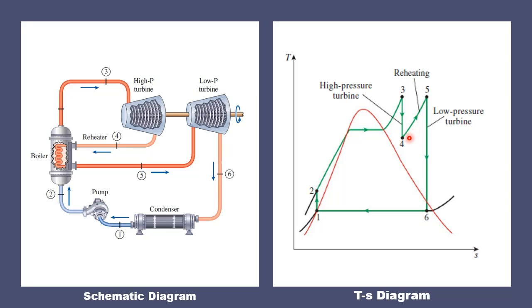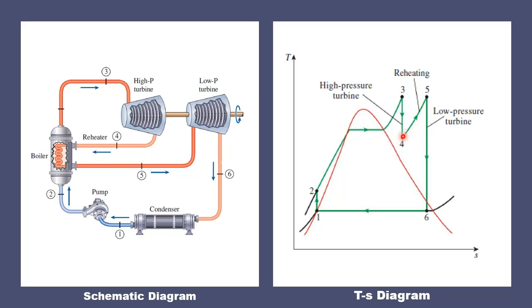This reheating process happens at constant pressure. So process 4 to 5 is isobaric. The pressure of 4 and 5 is the same. Now it will reach point 5 where it will have a pressure of 1 megapascal and a temperature of 500 degrees Celsius. You can see that they are on the same horizontal level as point 3 because they have the same temperature. So that's what happens in the reheating.